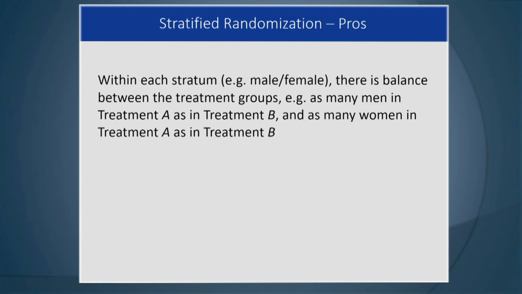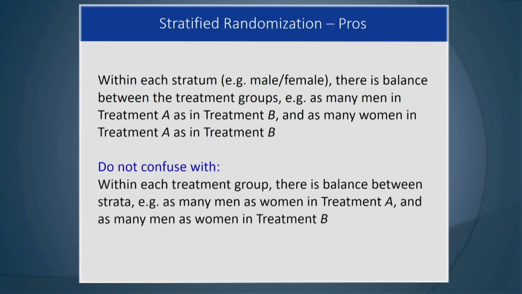So the pro is that within each stratum, male or female, there is balance between the treatment groups. There are as many men in treatment A as in treatment B, and as many women in treatment A as in treatment B. But please don't confuse this with saying that there are as many men as women in treatment A and as many men as women in treatment B. We don't control how many men and women consented and are ready to be randomized.